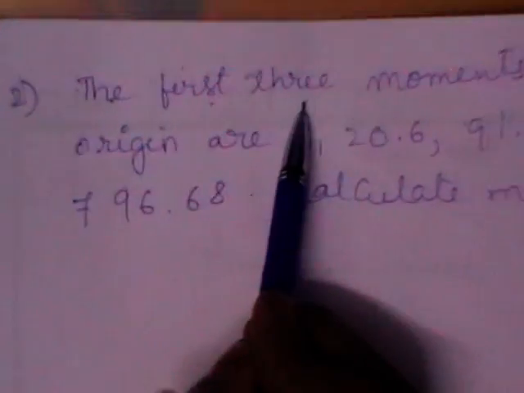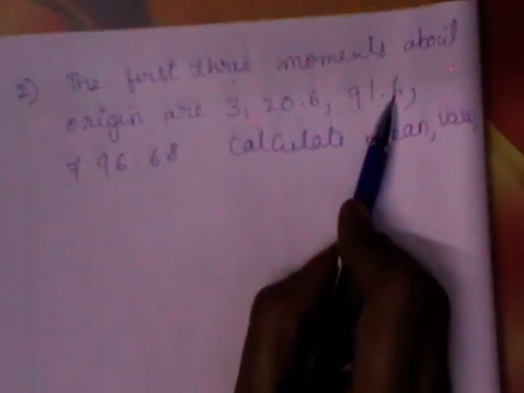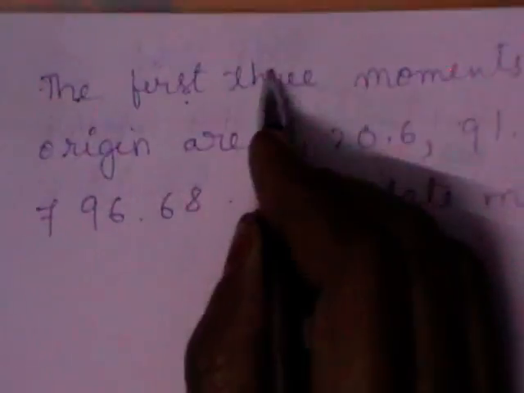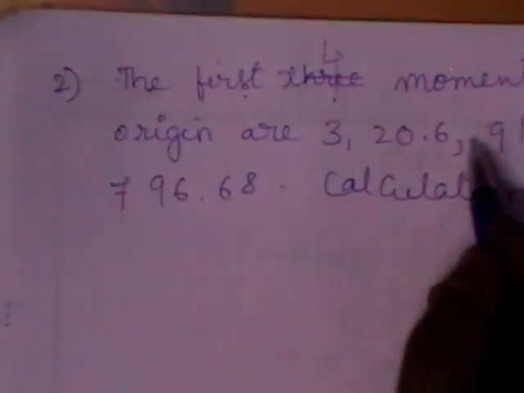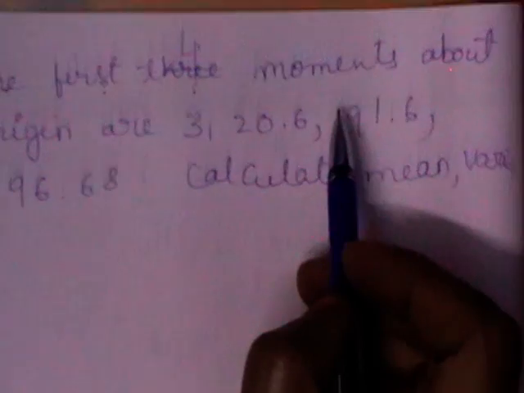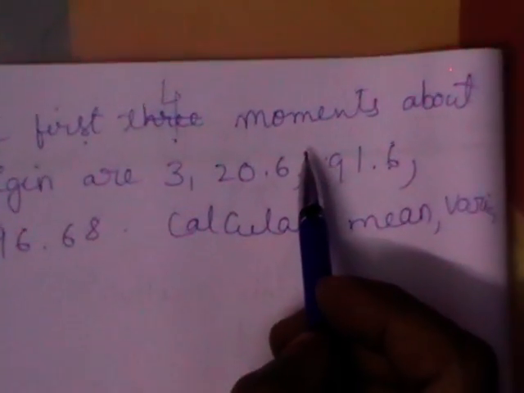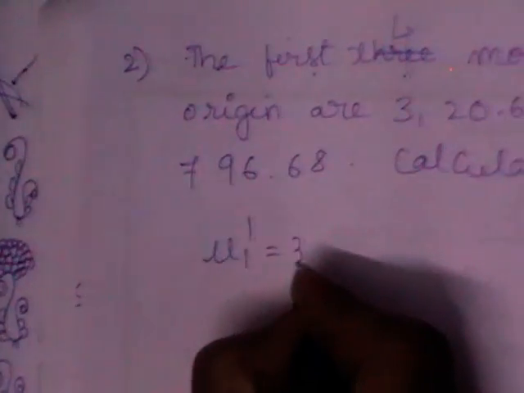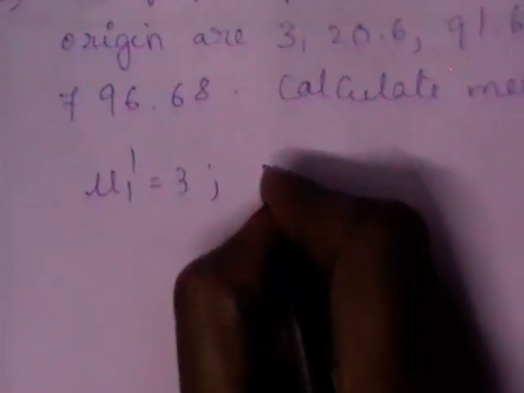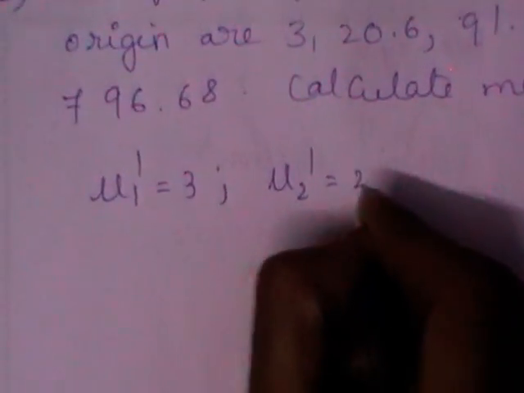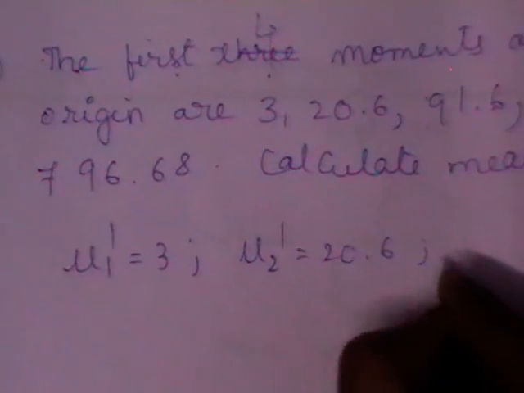So what is given here? The first four non-central moments about the origin. Moments about origin or about any point always stand for non-central moments. So mu1 dash is 3 here. Mu2 dash is 20.6, as non-central moments we write with dash.